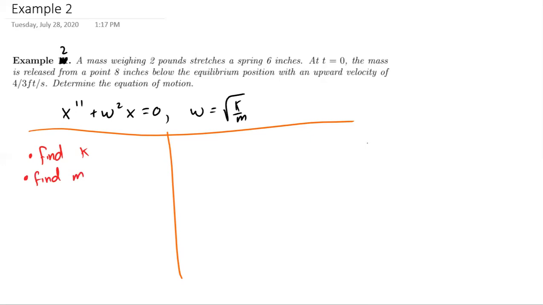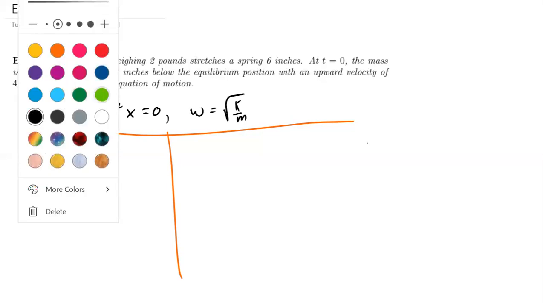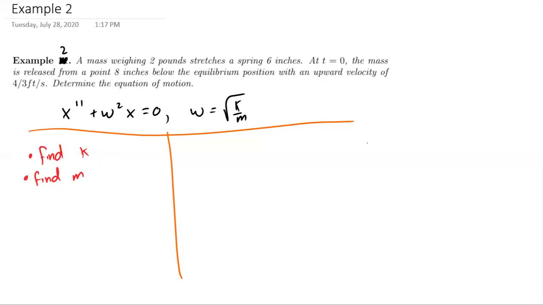Now we also have initial conditions. If we want a specific solution, this is second order, so we're going to need 2 initial conditions. So what are the initial conditions in this case? Well, we're given an initial position because it says that first a weight of 2 pounds is attached, and it stretches the spring 6 inches. So that's at equilibrium.